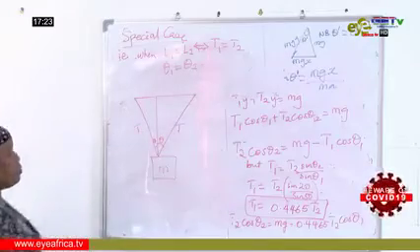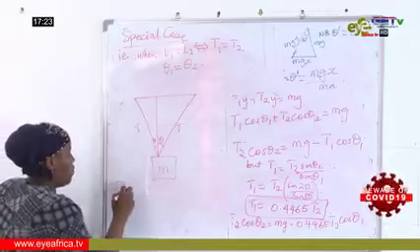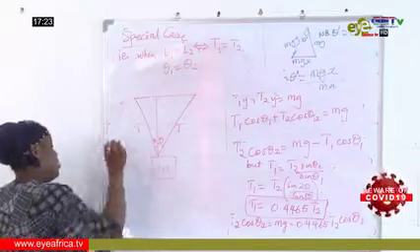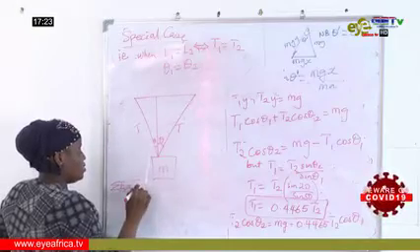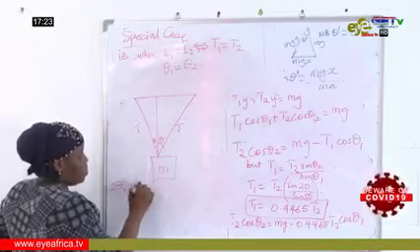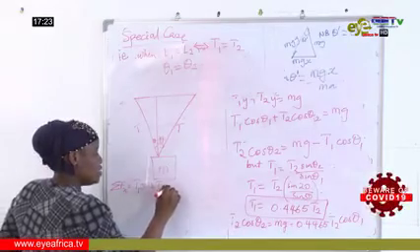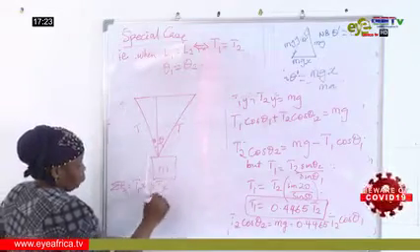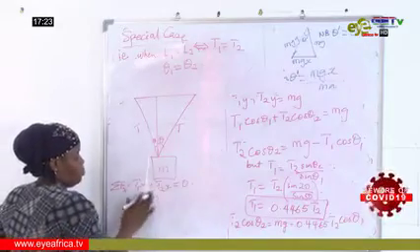You will notice that the sum of forces on the x-axis will be T1 of x plus T2 of x, and this whole thing will be 0.